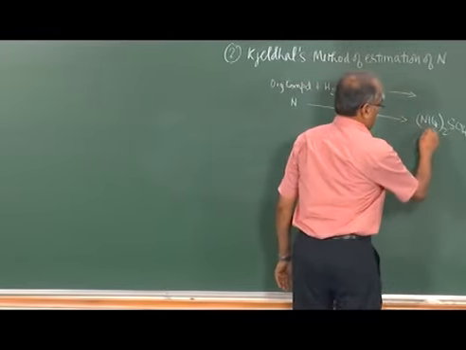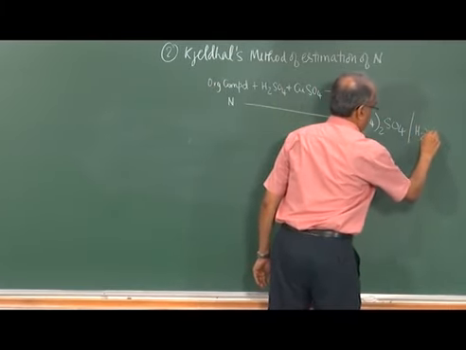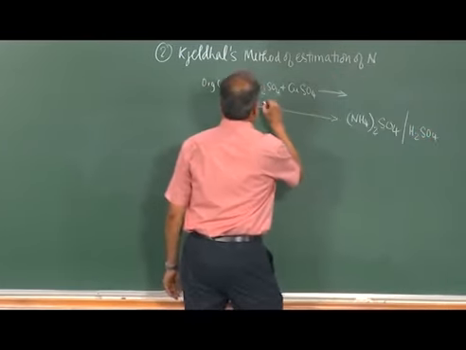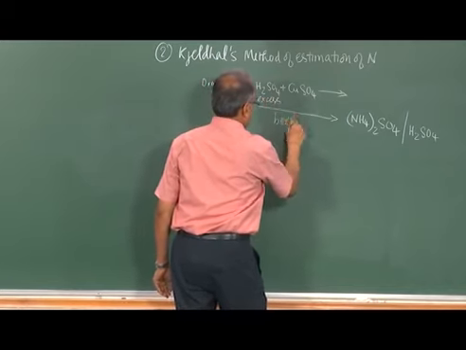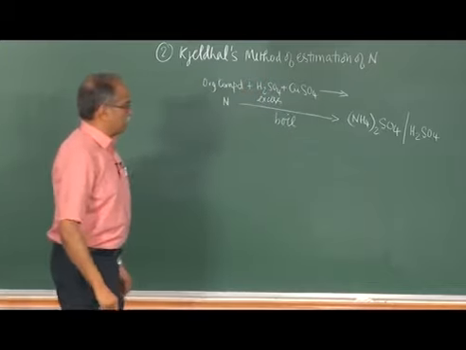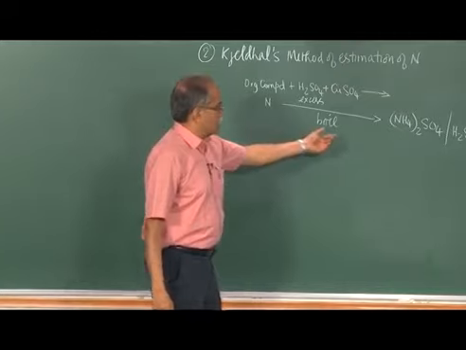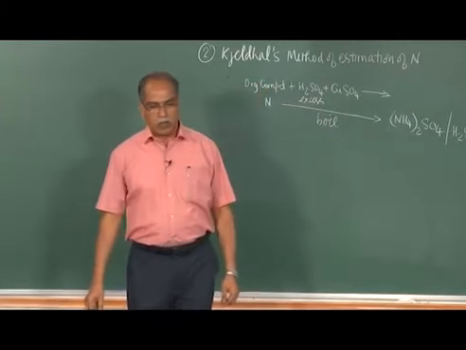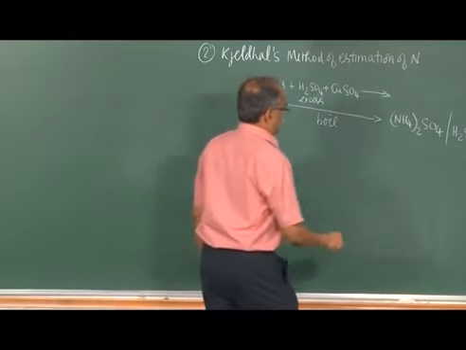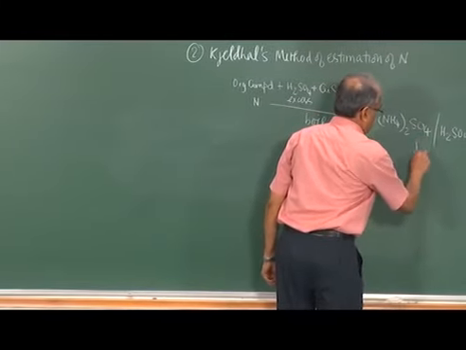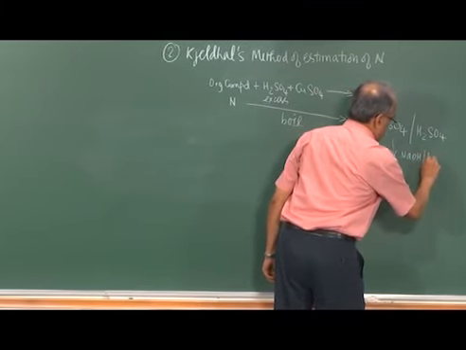Now, the ammonium sulphate, once it is formed, will be present along with the excess sulfuric acid, because you take excess sulfuric acid and strongly heat it in excess sulfuric acid, wherein the nitrogen of the organic compound gets converted into ammonium sulphate. Now, this is neutralized with sodium hydroxide, it is boiled with sodium hydroxide.